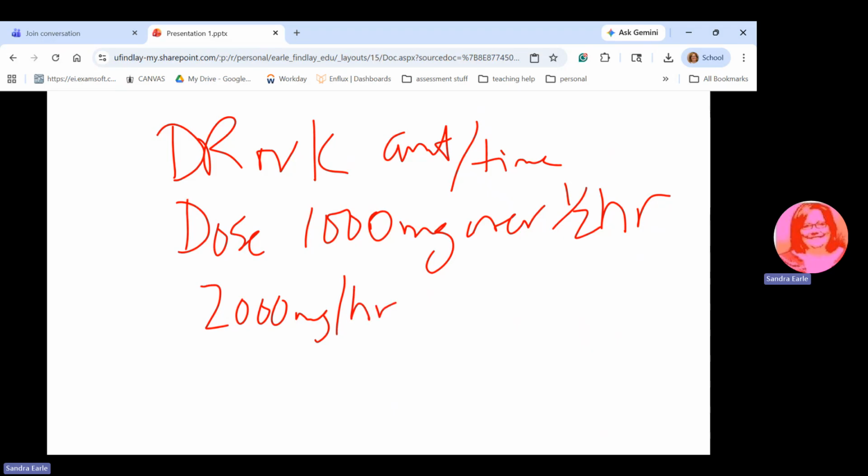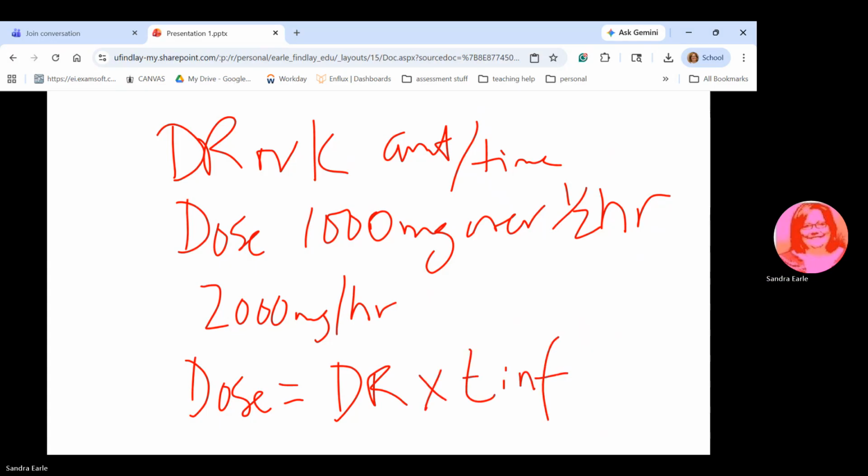But we're only giving it for 1/2 hour. So a dose is equal to your dose rate times your time of infusion, or your KO, whatever you want this to be. So this is usually in milligrams or grams per hour. And then your time of infusion would have to be in hours as well.